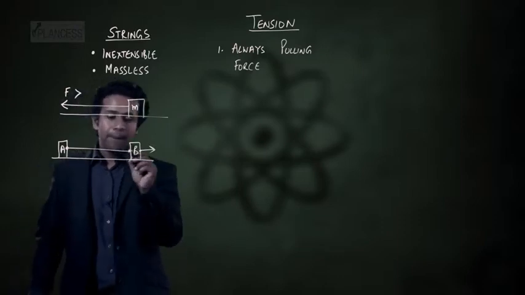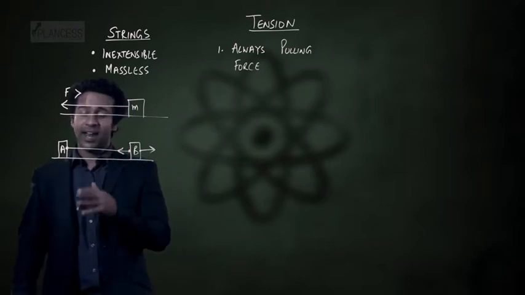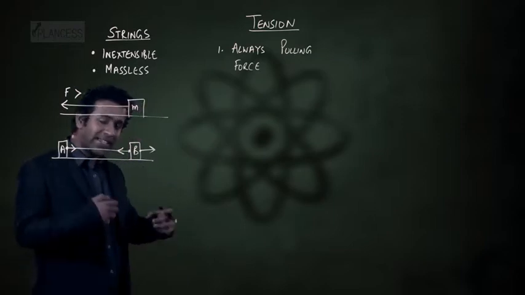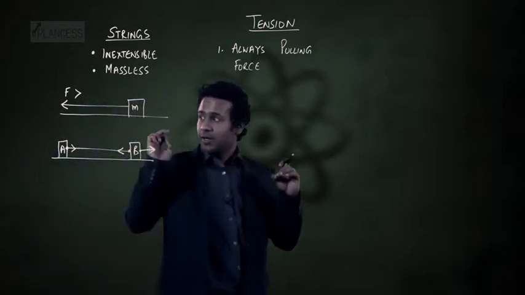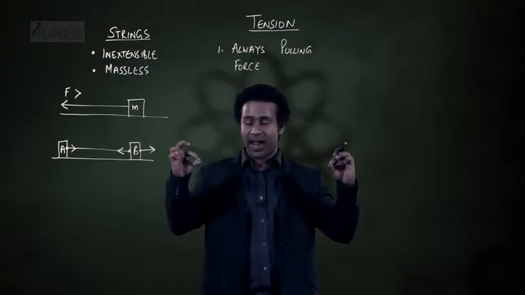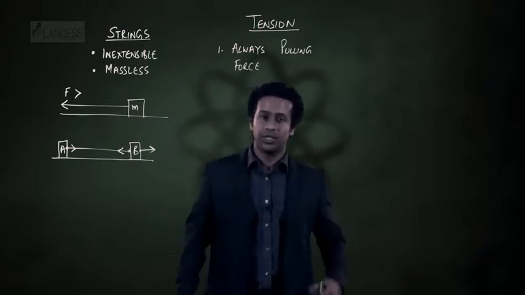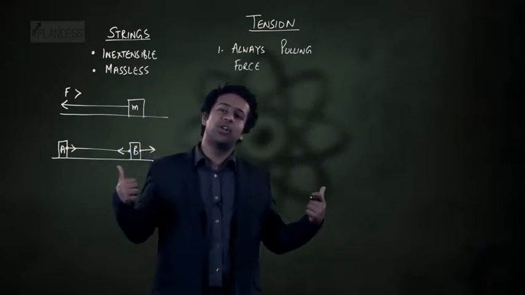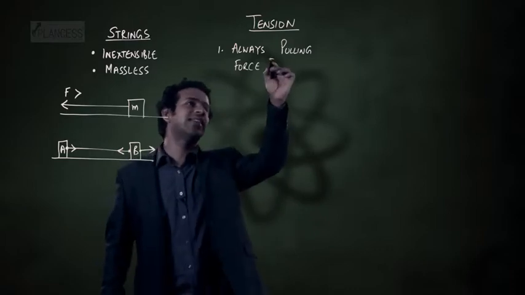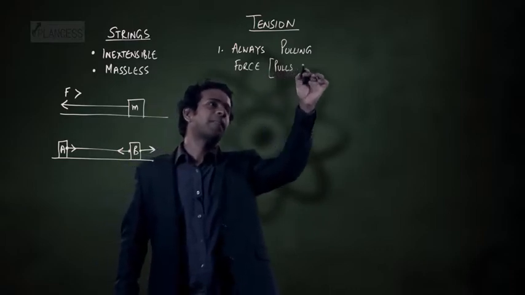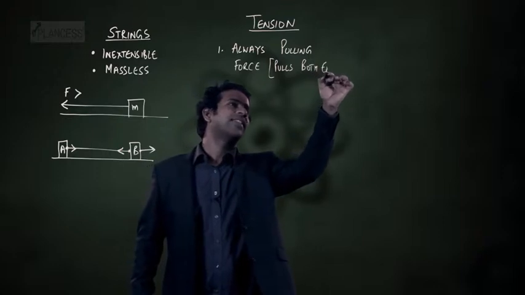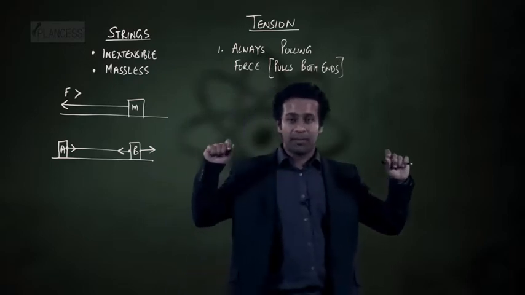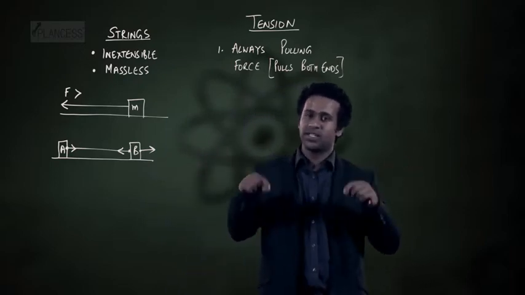It will pull this end towards the center, and at the same time also pull the other end towards the center. So basically, once a string is under tension, it will try to pull both its ends inwards. So tension is always a pulling force, and it pulls both ends. You can think of a rubber band to remember this. When you stretch that band, you see that both its ends are pulled towards the center.